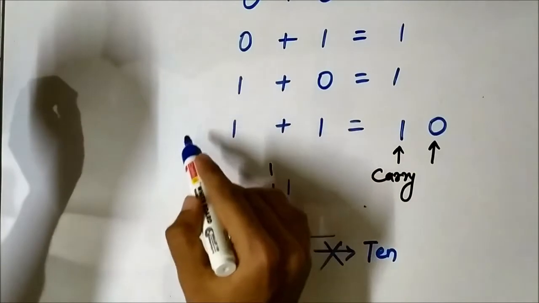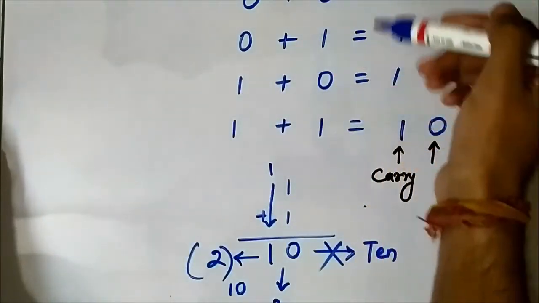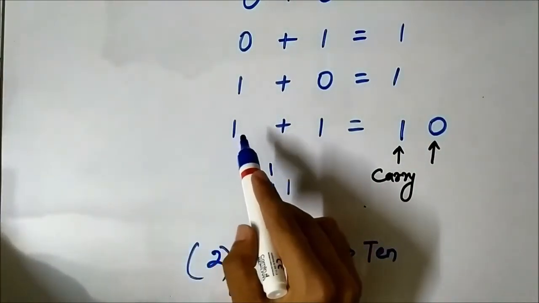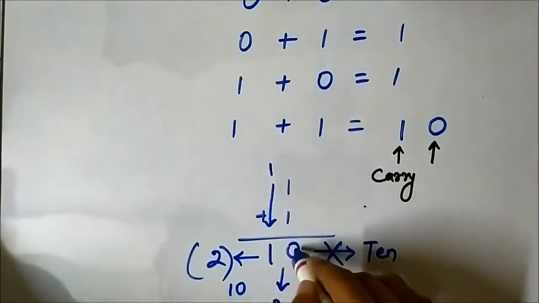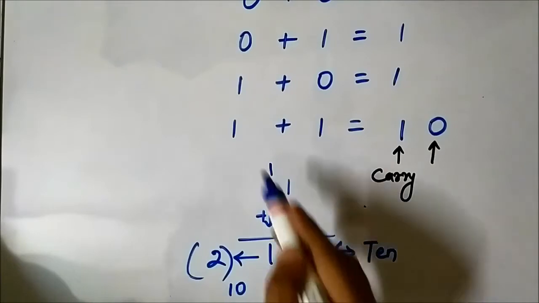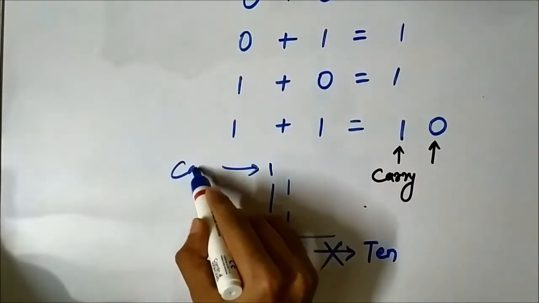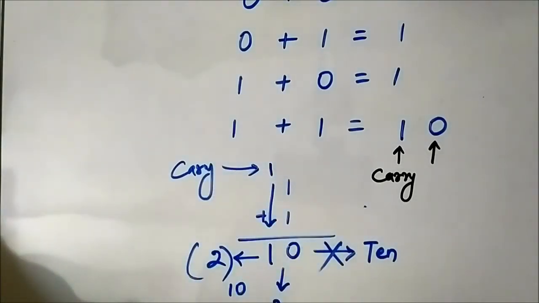This is the most important rule that you have to remember. Everything else is similar to normal addition, but here 1 plus 1 is equal to 0 in that coinciding position, with a carry of 1 generated to the next significant bit.